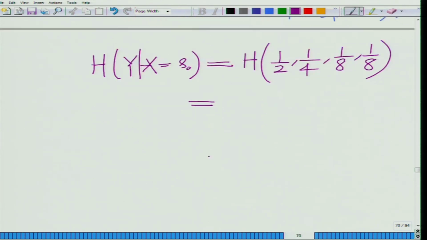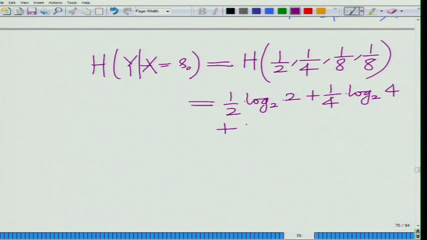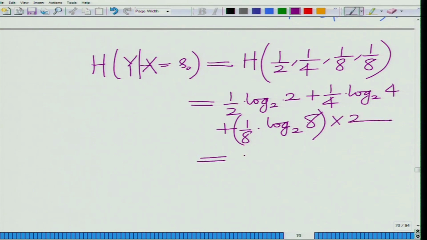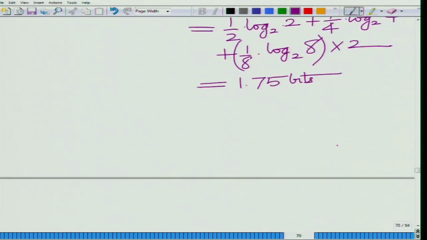This is half log to the base 2 of 2, plus 1 by 4 log to the base 2 of 4, plus 1 by 8 log to the base 2 of 8, and in fact there are two symbols with probability 1 by 8, so multiplied by 2. So, this is 1.75 bits.